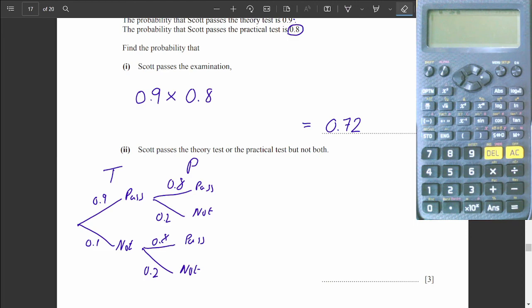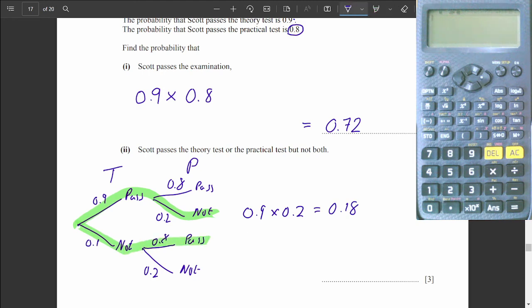Okay, next question. What's happening now? Scott passes the theory test or the practical test, but not both. So what are the pathways we can follow here? He passes the theory test, but then he fails the practical test. So this is one possible pathway we can take. That will be 0.9 times 0.2 equals 0.18. But he can also fail the theory, but then he passes the practical.